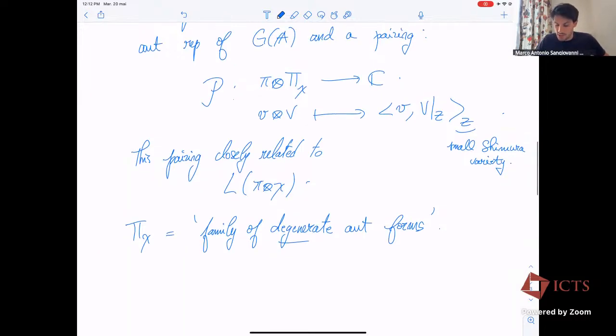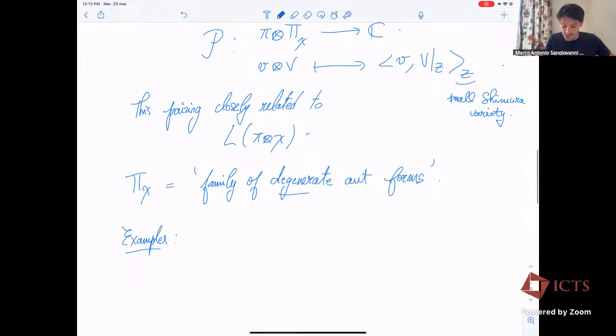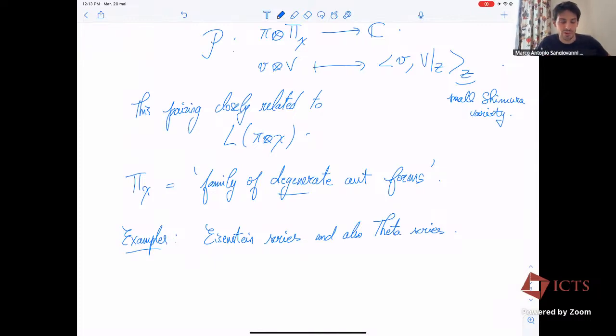We will see many examples where I will say explicitly what this big period P is. The main example I will focus on in this lecture series will be Eisenstein series, but also theta series. Both are fine from the setup.